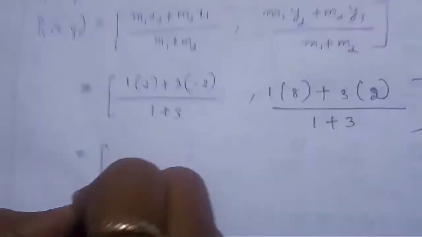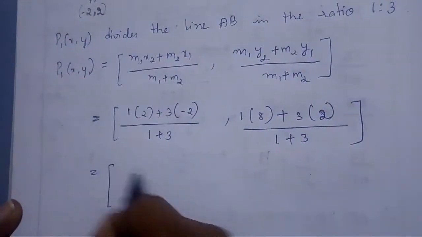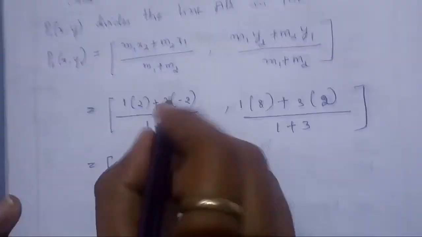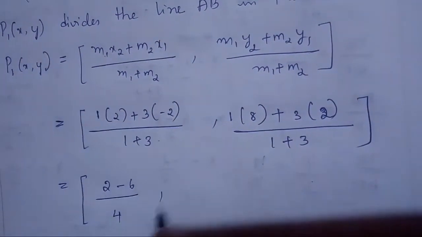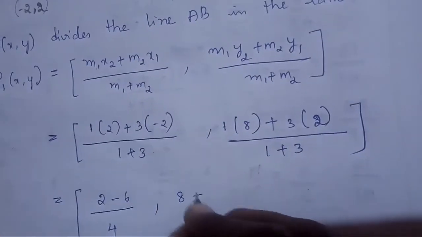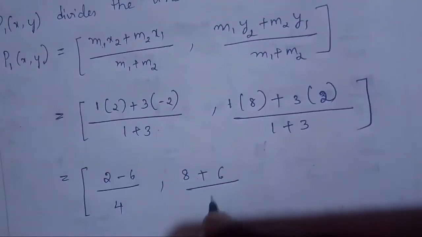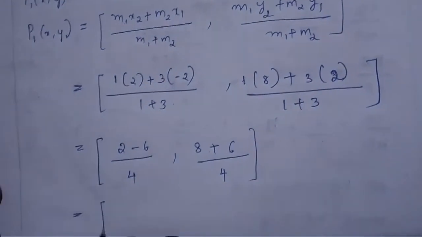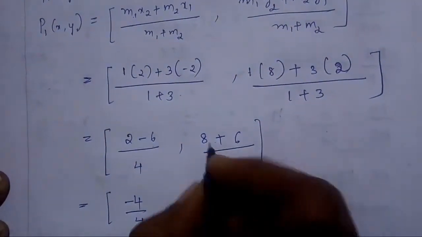Now 2 into 1 is 2, 3 into minus 2 is minus 6, 1 plus 3 is 4. Then 8 ones are 8 plus 3 threes are 9 divided by 1 plus 3 is 4. Now 2 minus 6 is minus 4 by 4. Then 8 plus 6 is 14 by 4.